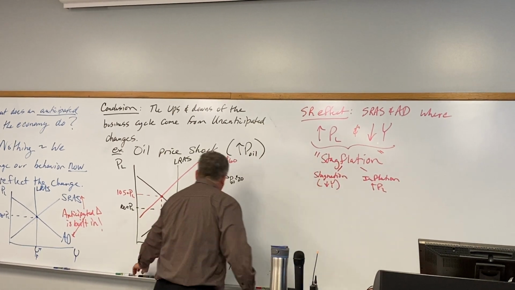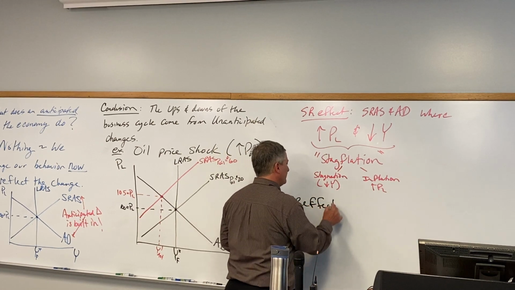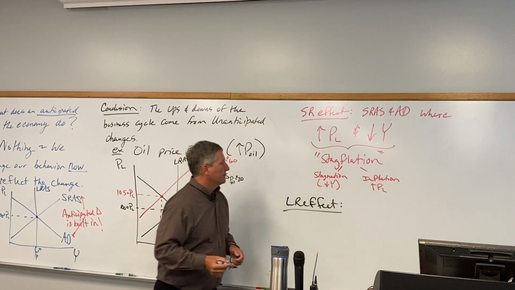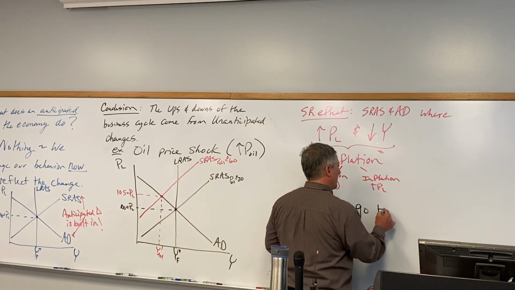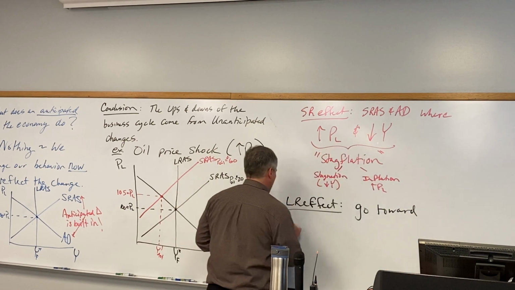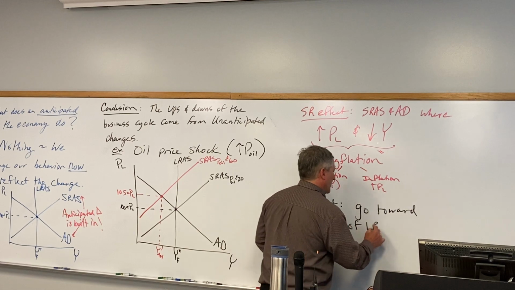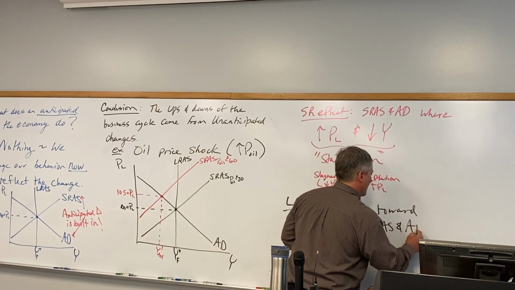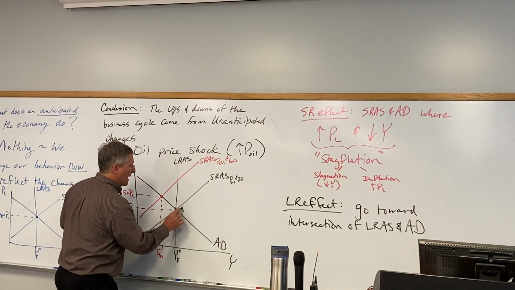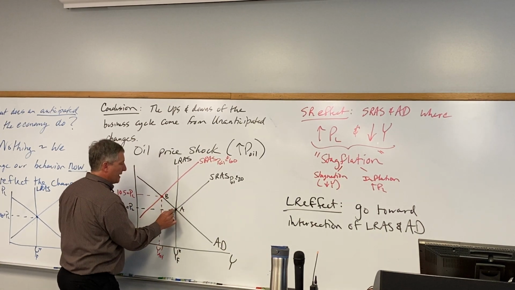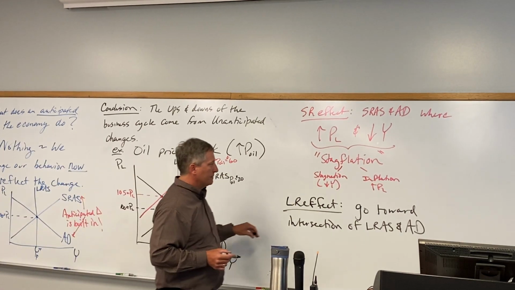In the long run effect, we'd head back toward the intersection of long run aggregate supply and aggregate demand. So in this case, we're going back from A to B, back to A, would be the correction that needs to be done.